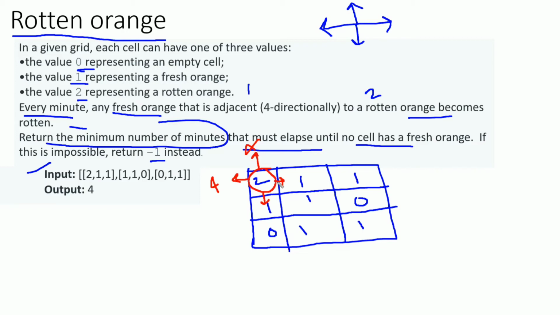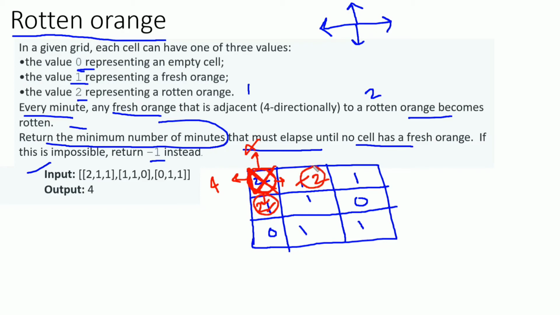So we move right and convert this value from 1 to 2. Now again from the current location we can move down and convert the value from 1 to 2. It means we have processed this location, we have explored this cell location. Next we need to explore this cell location, and after this we need to explore this cell location.